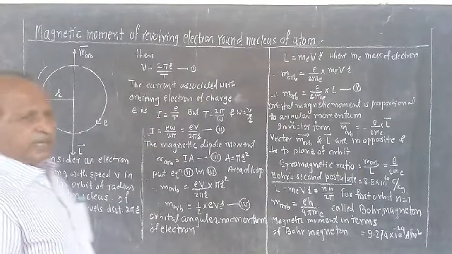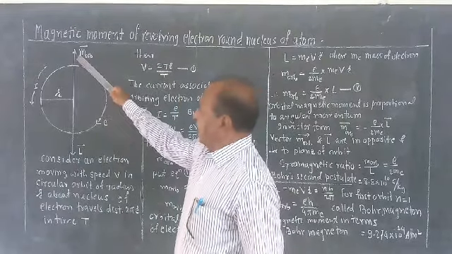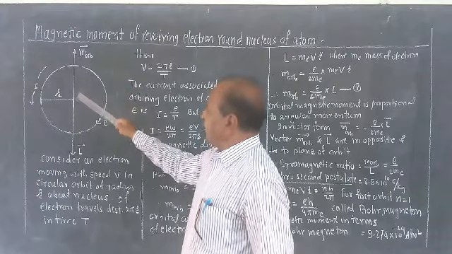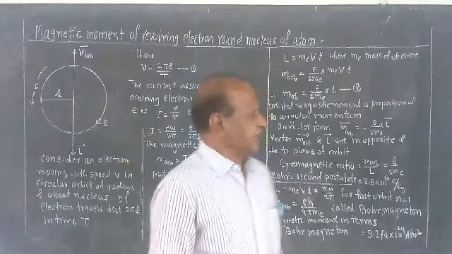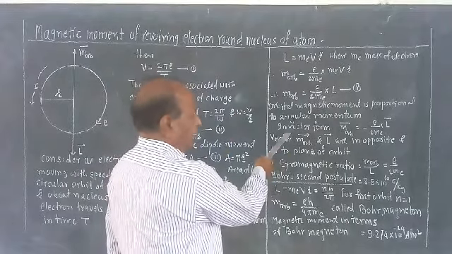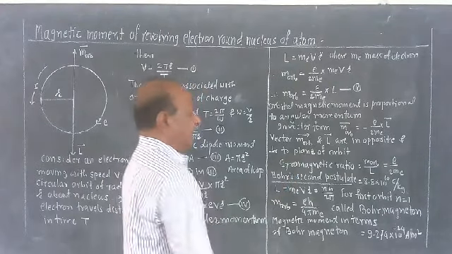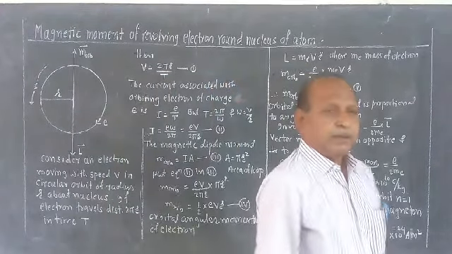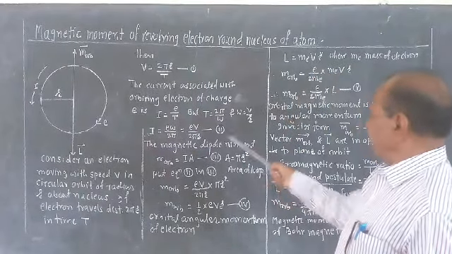In this figure we have shown that dipole moment and angular momentum are in opposite directions, and these vectors are perpendicular to the plane of the circle.